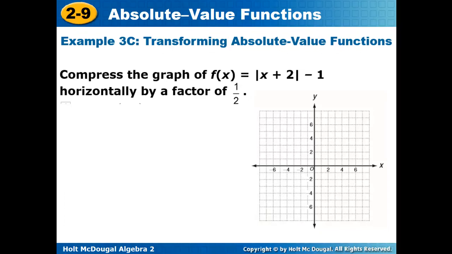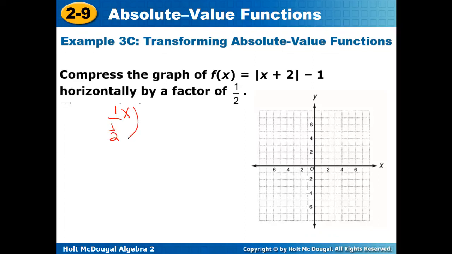It says compress the graph of f of x equals absolute value of x plus 2 minus 1 horizontally by a factor of 1/2. So we have to be careful about this one now. Okay, so horizontal means we're going to take x and we're going to say 1 over 1/2.